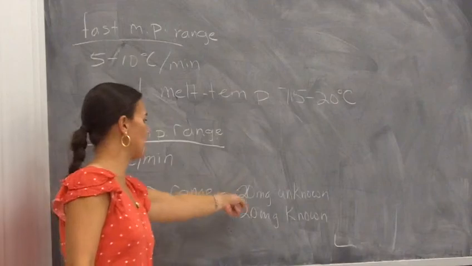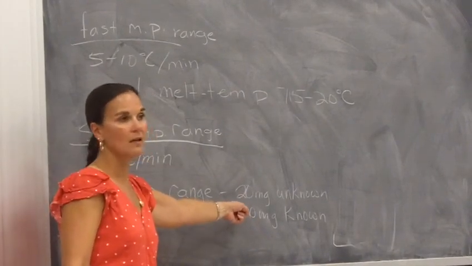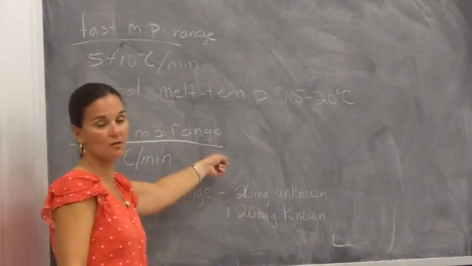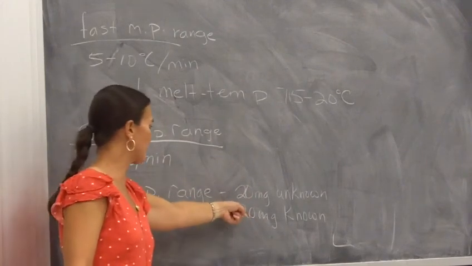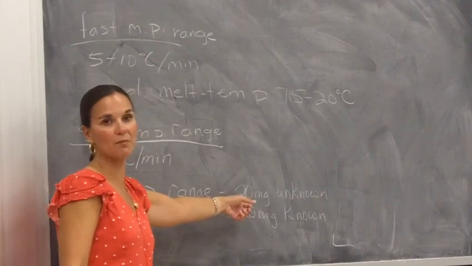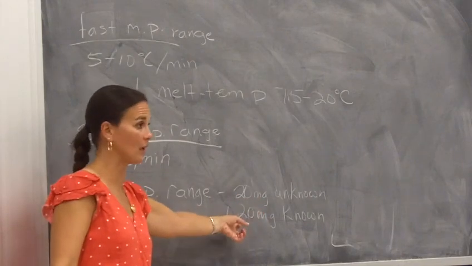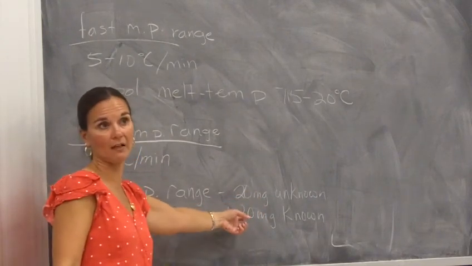So if you guess right and you're mixing with the correct acid, you will have a range that matches your slow melting point range. If you didn't guess correctly, then you will probably see melting point depression and a broadening of that melting point range because it's not the same thing, and then you need to pick again, okay?